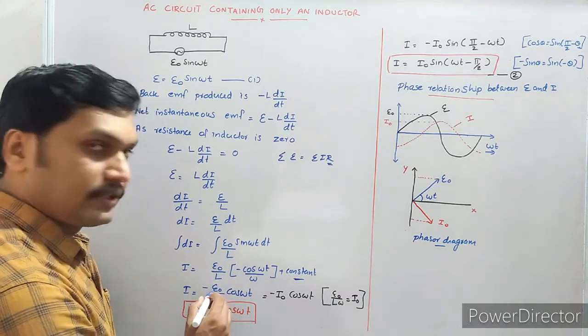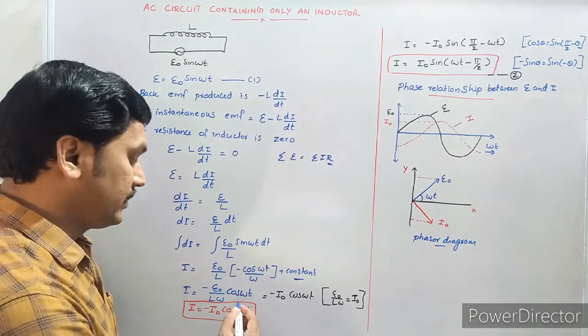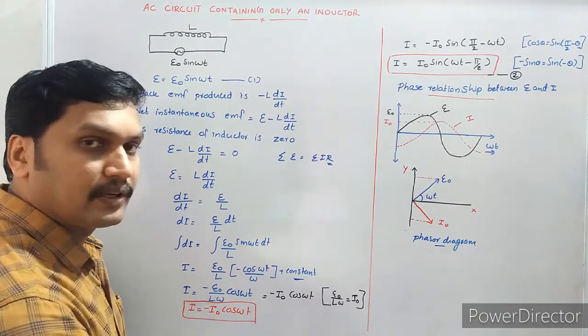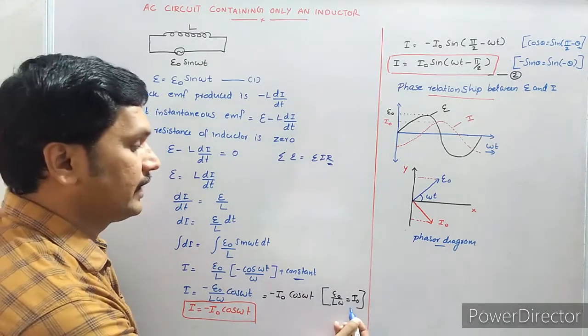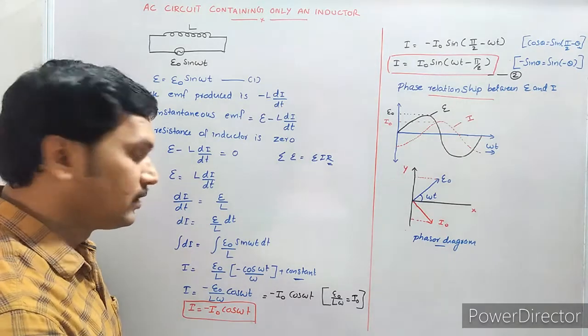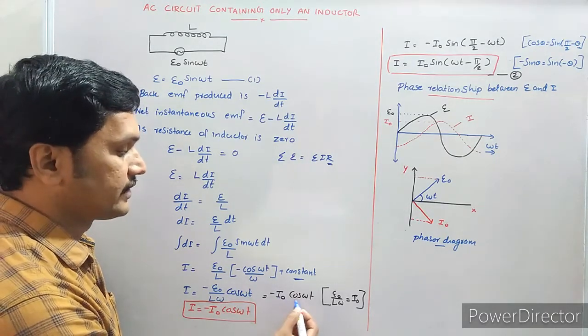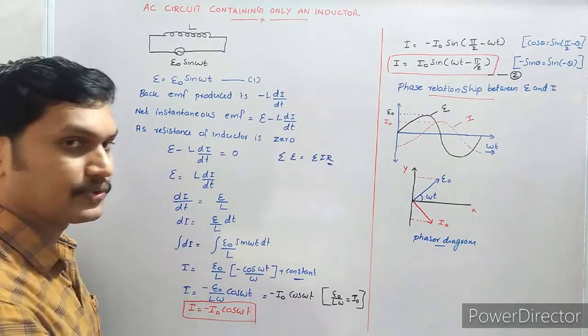E0 is a constant, L and omega are constant. So E0 by L omega is the peak value of current, which we write as I0. Now this equation can be rewritten as I is equal to minus I0 cos omega t.